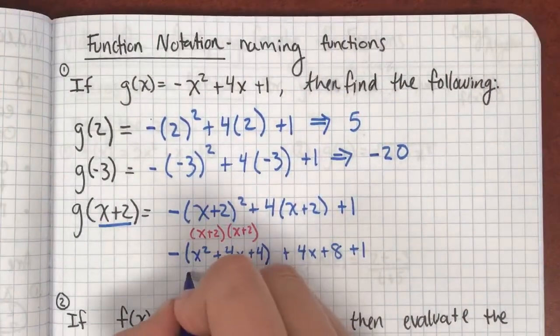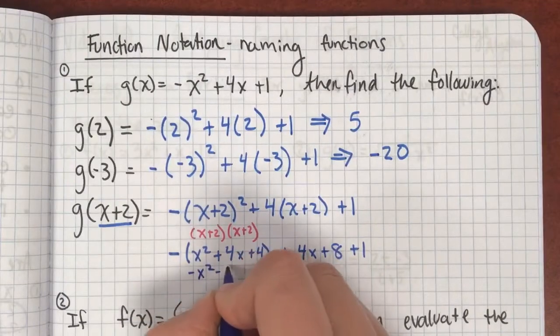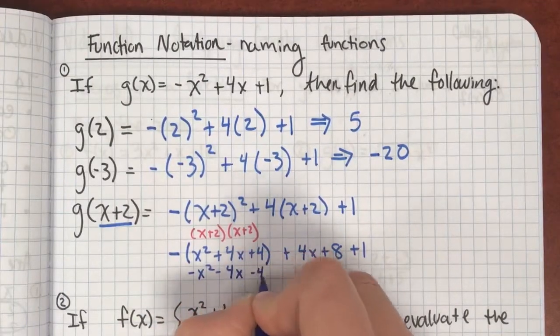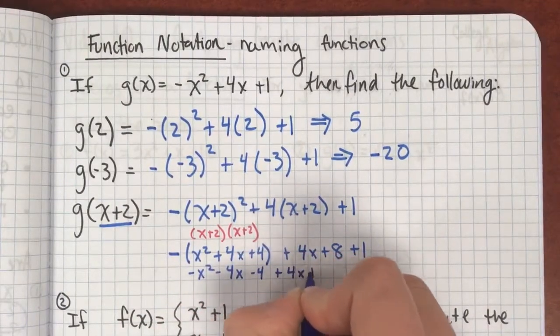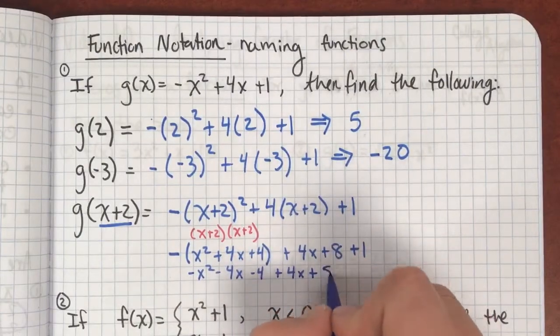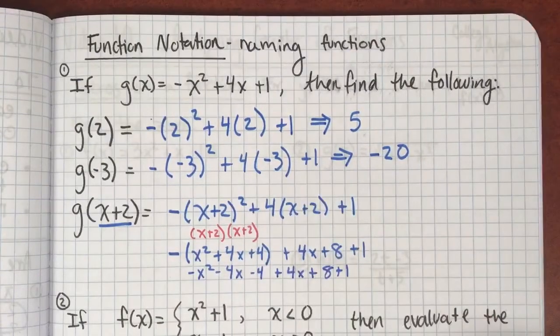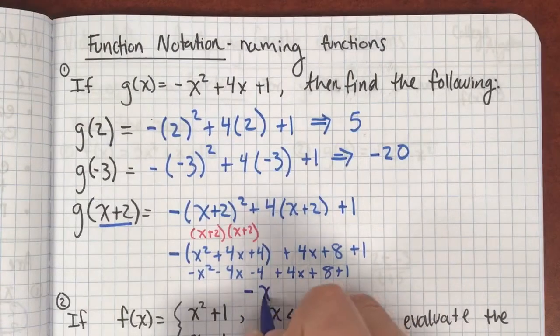Okay, if I distribute my negative, it flips all the signs that are in my parentheses. And then finally, we can simplify it all together, and so we just get negative x squared plus 5.